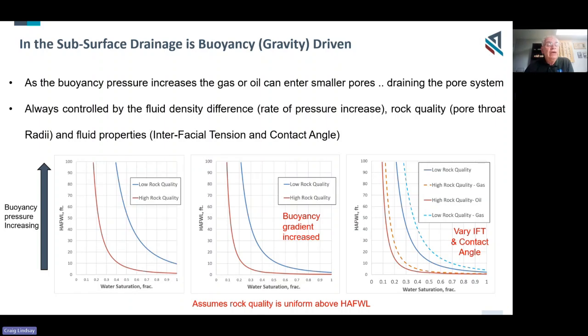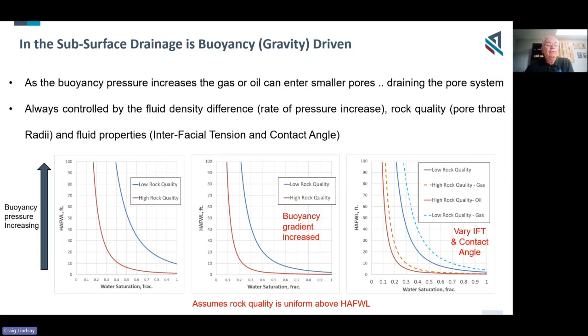So we've got the first image, and in each case we've got water saturation along the bottom, and the buoyancy pressure or the height above free water level on the vertical axis. These curves illustrate the same fluid system on this first image on the left, but different rock qualities.